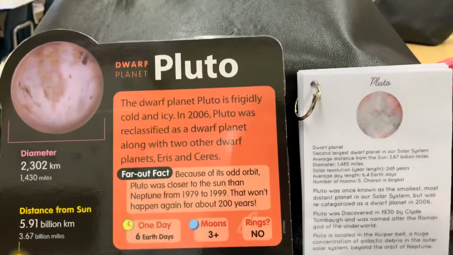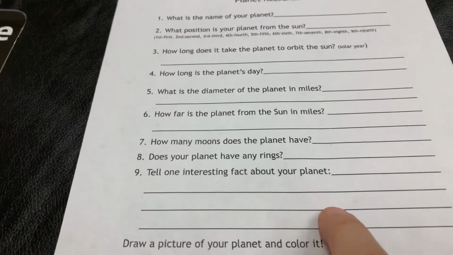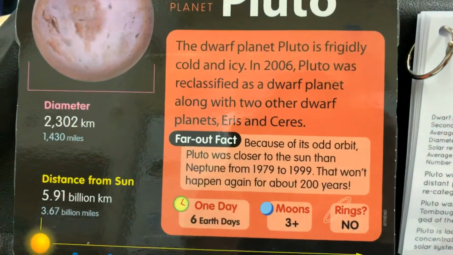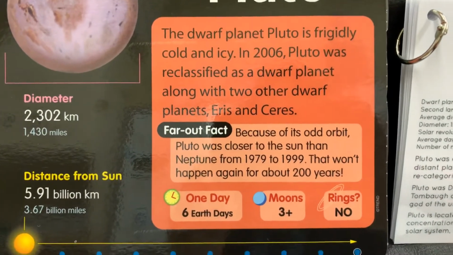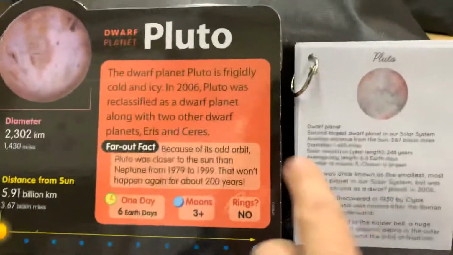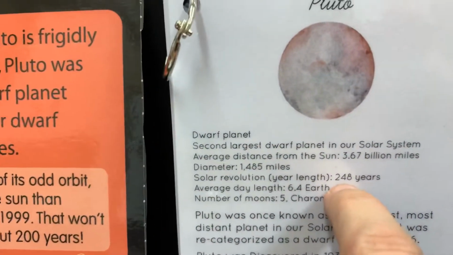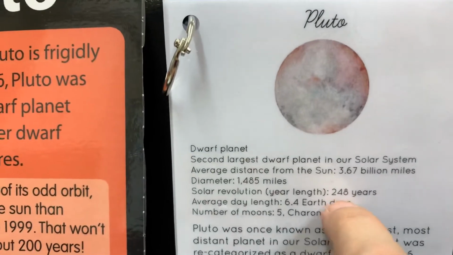Okay. Pluto, last planet. It's a dwarf planet. You could even write that as an interesting fact. It was reclassified as a dwarf planet. All right. It's frigidly cold and icy. Let's see. What do we need to know? Year length, solar revolution, 248 years it takes to go around the sun one time.